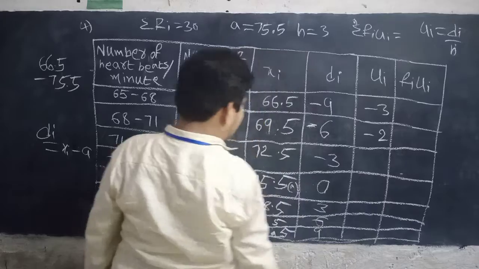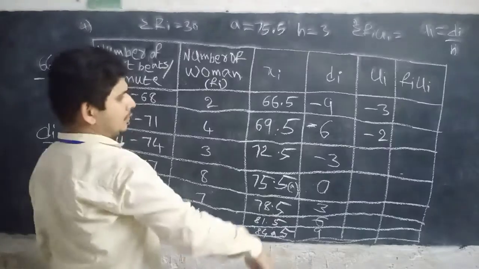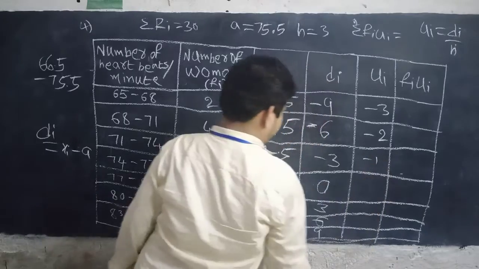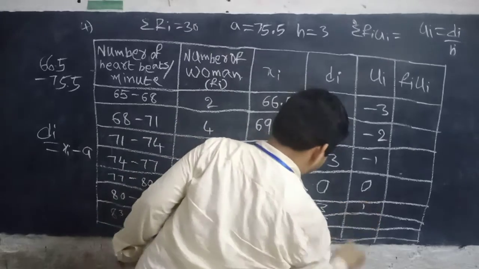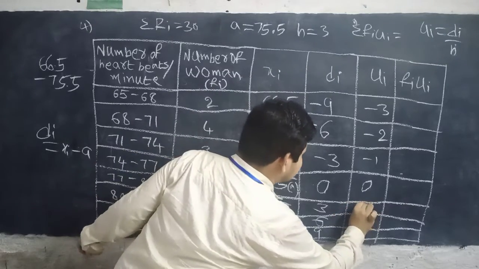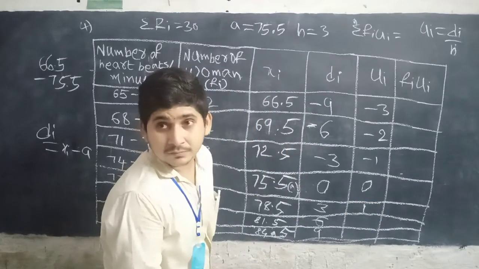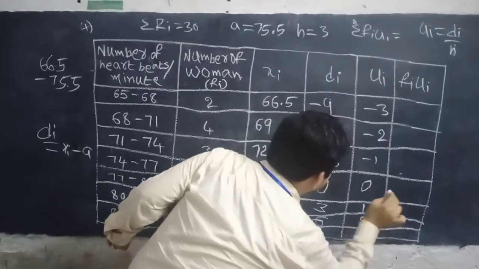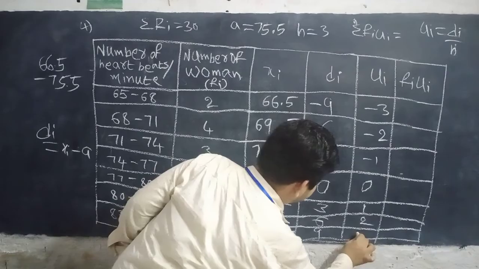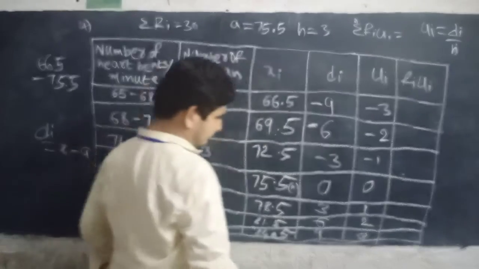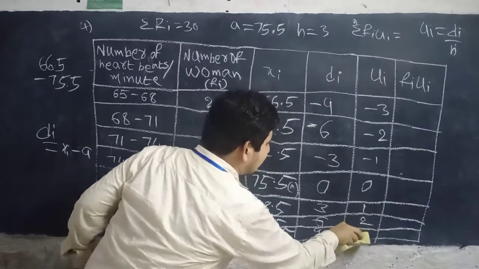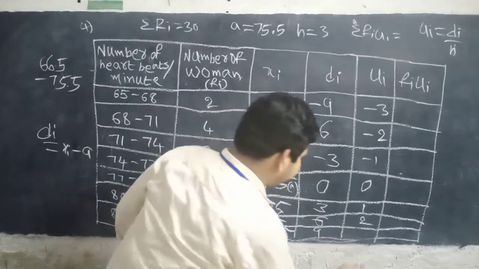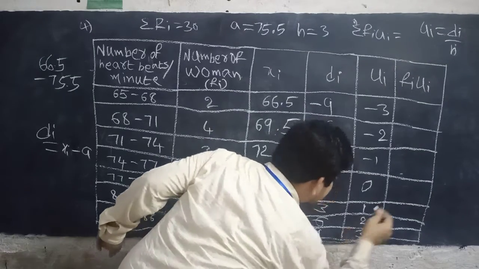Minus 3 by 3 is minus 1. 0 by 3 is 0. 3 by 3 is 1. 6 by 3 is 2. 9 by 3 is 3. Okay? Now we have got the ui values.